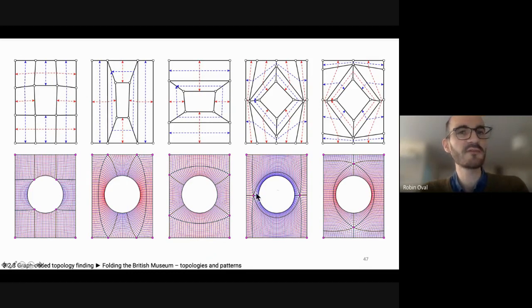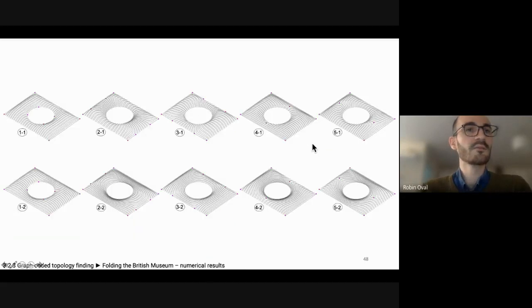So we'll give you these 5 different patterns, and you can see from the similarities in pink that they all differ very much, and you can still use these 2 colors, red and blue, to be able to fold the design, because you can choose whether you fold it in the red or the blue direction. So you have 5 designs times 2 directions, so that's 10 possibilities to fold the British Museum.